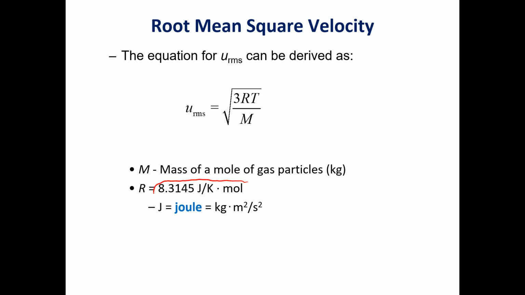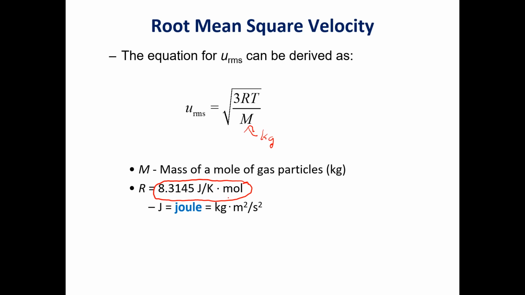R is 8.314 joules per Kelvin per mole. M is the mass of a mole of gas particles, but because of the value of R, this needs to be in kilograms. So I'm not going to go a whole lot into the units here.